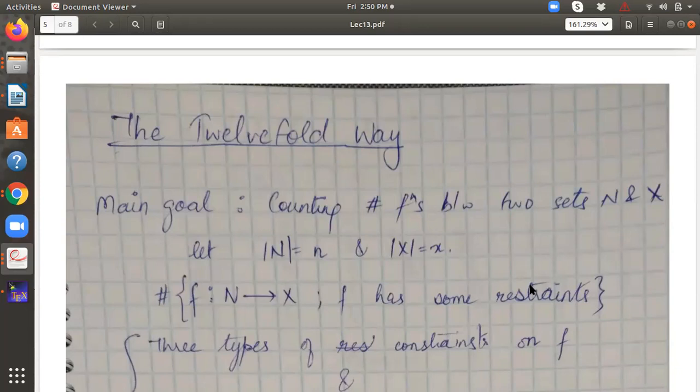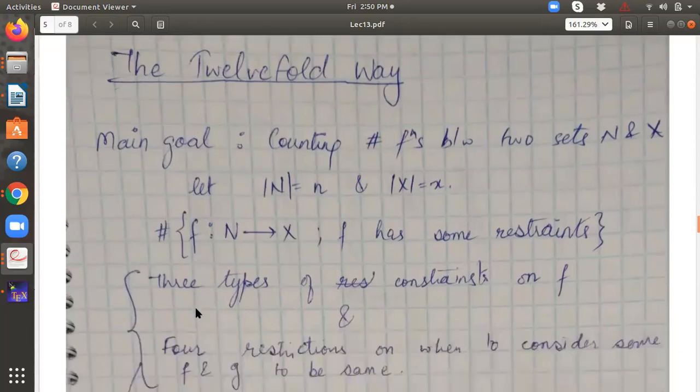But coming back to business, you have to count the number of functions from N to X. N has cardinality n, X has cardinality x, and then there are some restrictions. This counting happens under certain restrictions. There are 3 types of restrictions on the function f, and then there are 4 types of restrictions on when to consider two such functions to be the same or not the same.